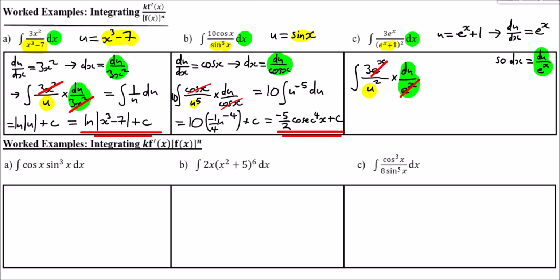I can now take the 3 to the outside or leave it in, your choice entirely. I'm going to take it to the outside, so it's going to be 3. And then after cancellations, just 1 over u squared du. 1 over u squared I can write as u to the minus 2 du.